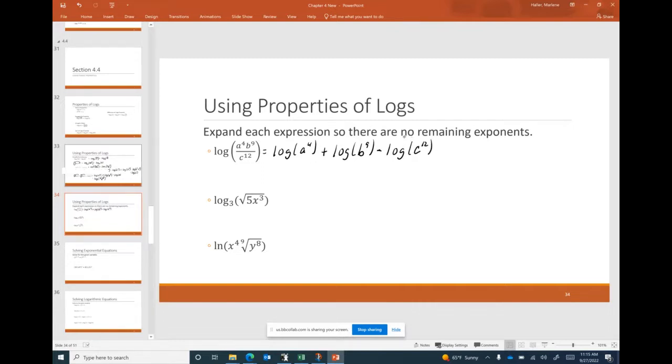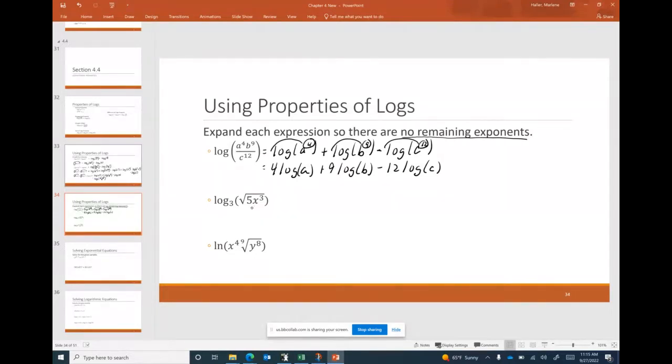And I have one more step here because it says there should be no remaining exponents. So let me just bring down all those exponents and make them coefficients, if you will. 4 log a plus, bring down that 9, that's going to be 9 log b, and then minus, bring down that 12, 12 log c. Okay.